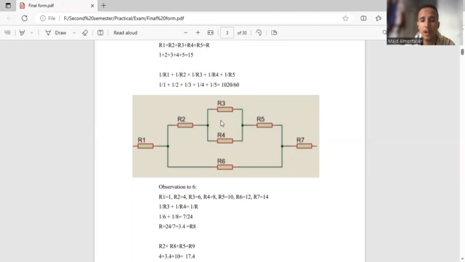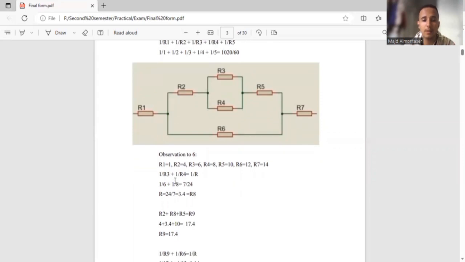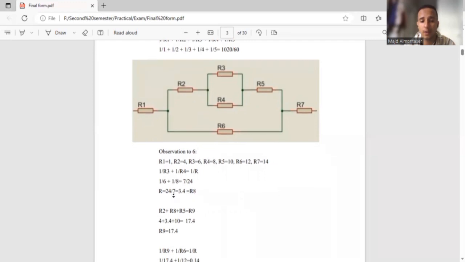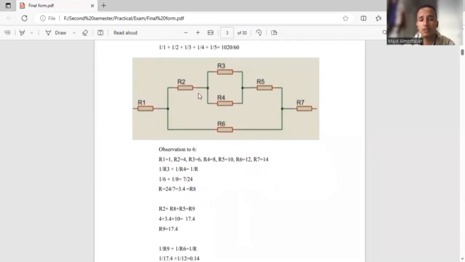We start to analyze the circuit in order to make it in a simpler form. So we have, for example, here R3 and R4 are clearly in a parallel connection. So we calculate them by adding the reverse of each, like here, 1 over R3 plus 1 over R4 equals 1 over R. And for this 1 over R, we reverse it again in order to get a new R, which we call now R8. And after that, we're going to add R2 plus R8 plus R5 in series connection.